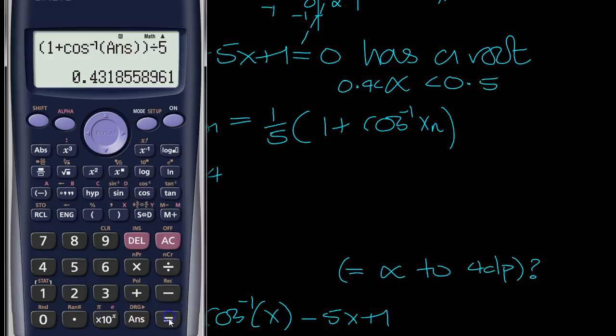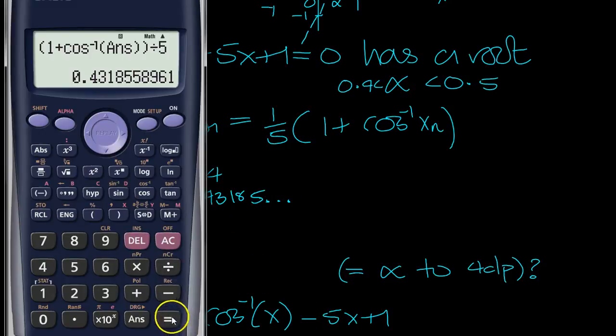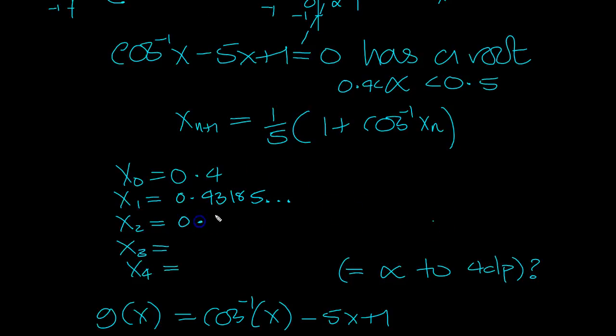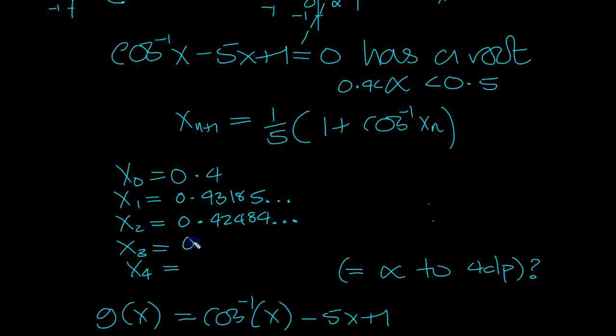So equals, and that'll be x1, 0.43185. Next one is x2, 0.42484. x3, 0.426400.